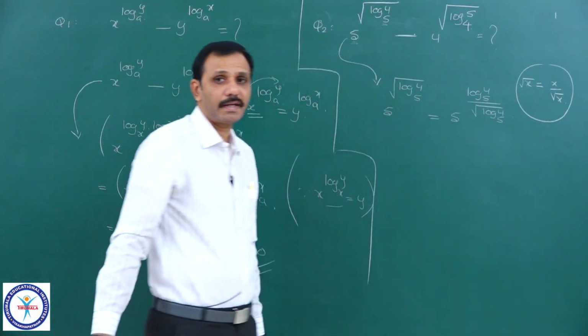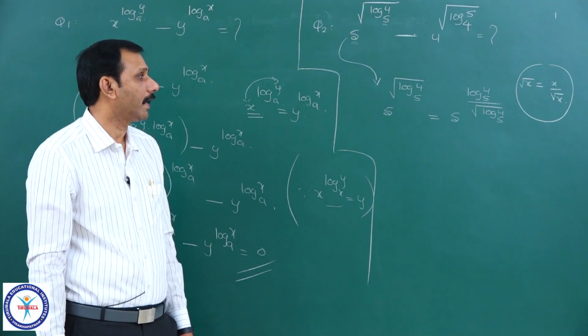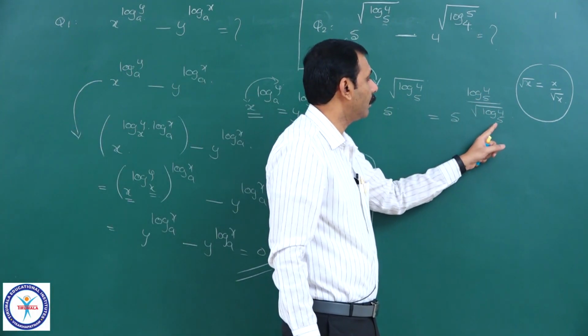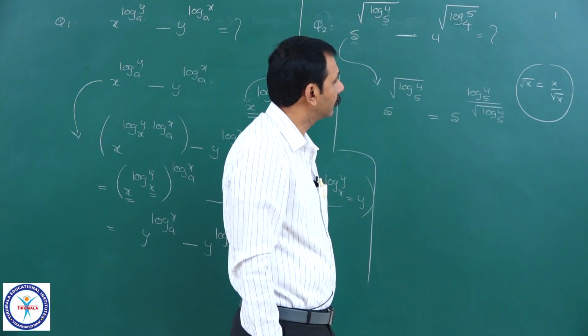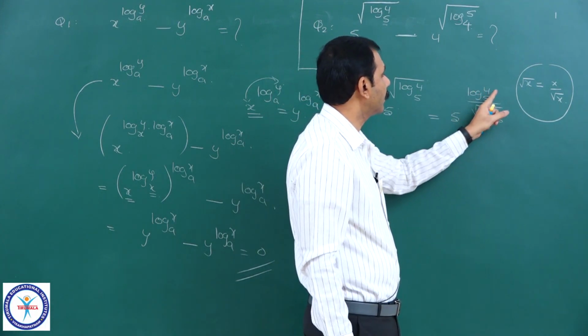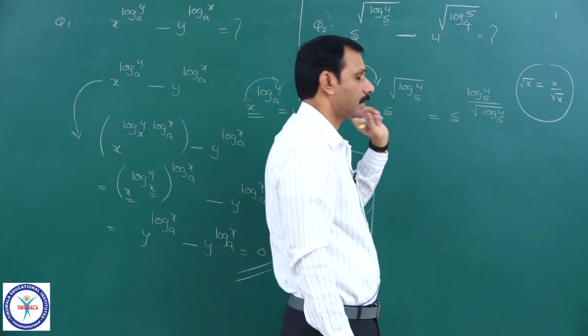This is the point I have used. Root x is equal to x by root x. Now x can be written as root x into root x, one root x cancels that root x.